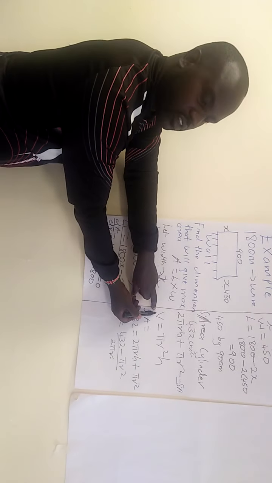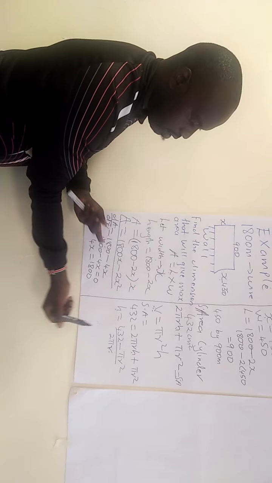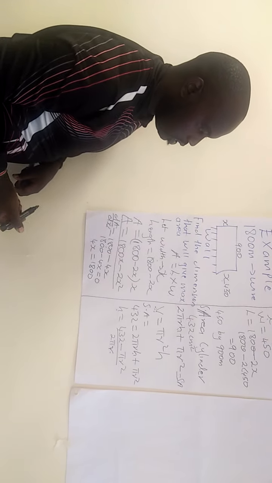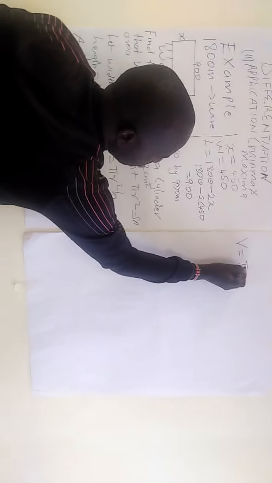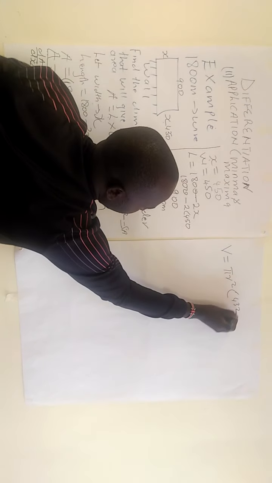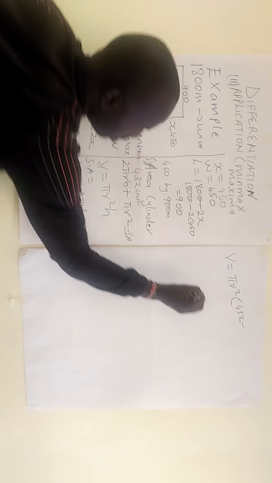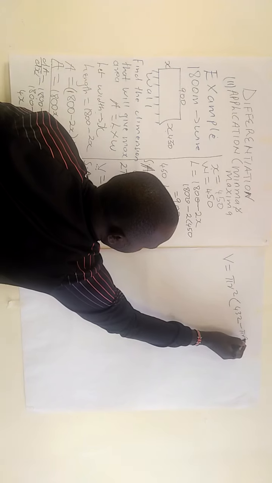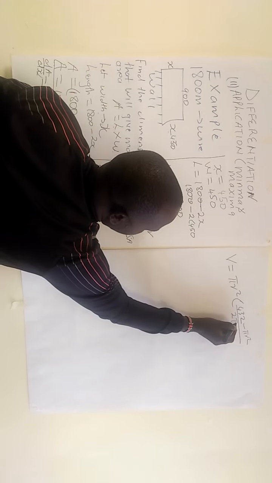Because the question is to find the maximum volume, you go to V now. So our V will be pi r squared, then you substitute our h, which is 432 minus pi r squared all over 2 pi r.